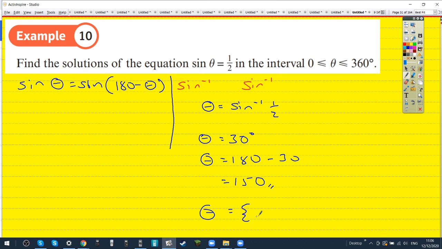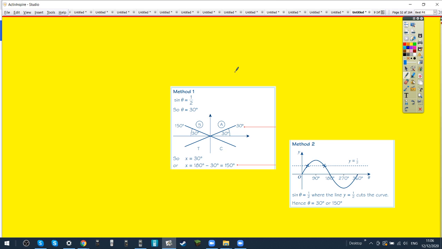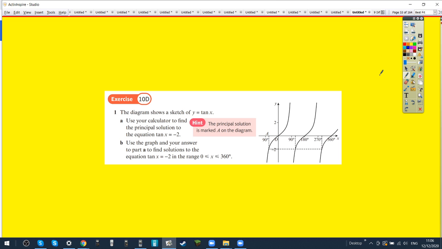Theta is equal to 30 degrees and 150 degrees. Sine is always the same.